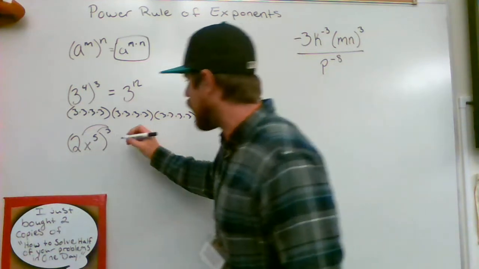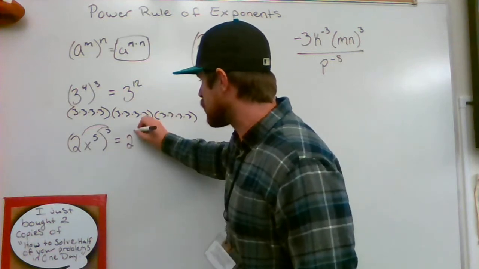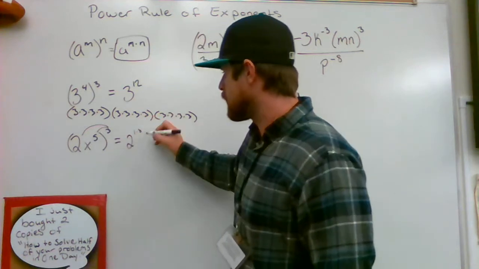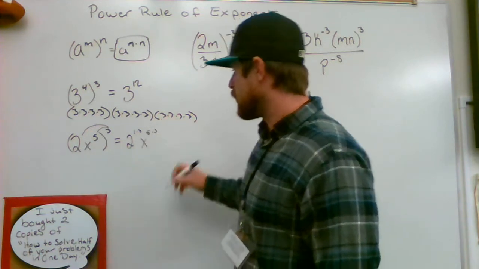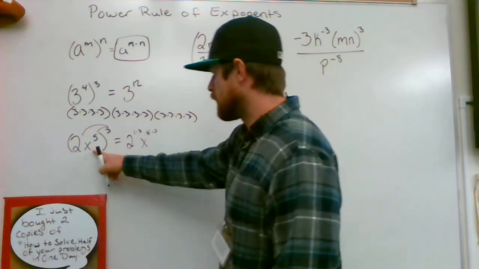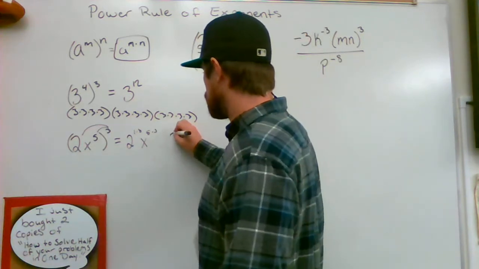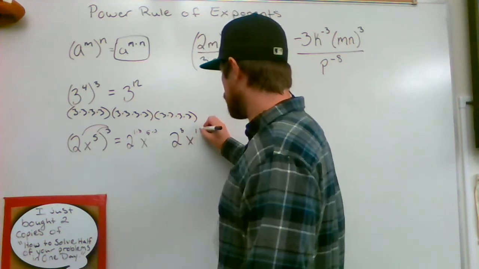So if I were to show why this comes out to what it is, I'd show the steps. 2 to the power of 1 times 3, and x to the 5th times 3. You're just going to multiply those exponents out. And our grand total here, if we were to simplify this, is 2 to the 3rd power x to the 15th power.